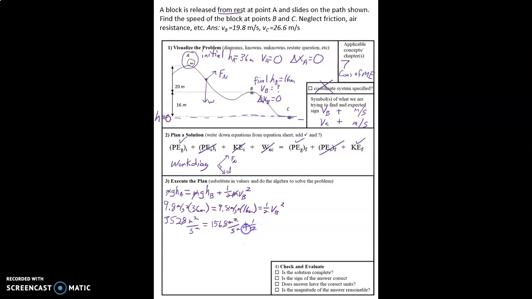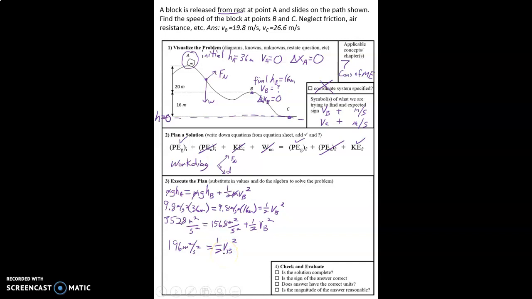Plus 1/2 v squared, and then we subtract. 352.8 minus 156.8, we get 196 meters squared per second squared equals 1/2 v squared.